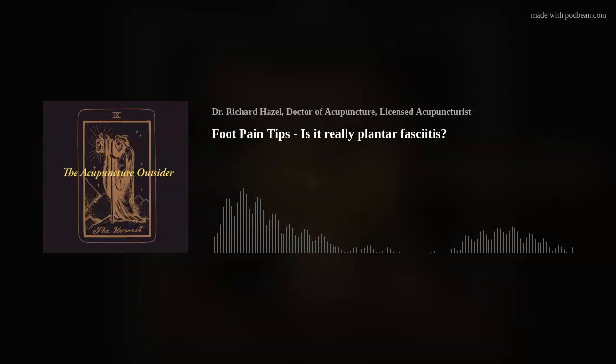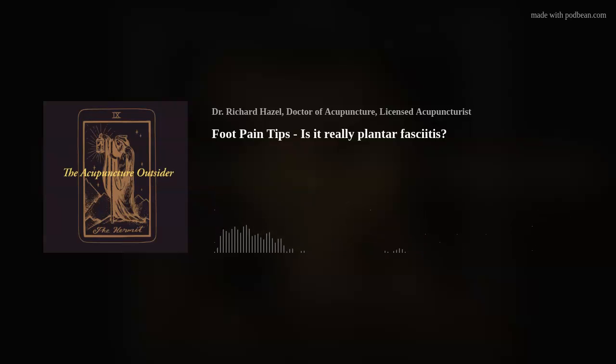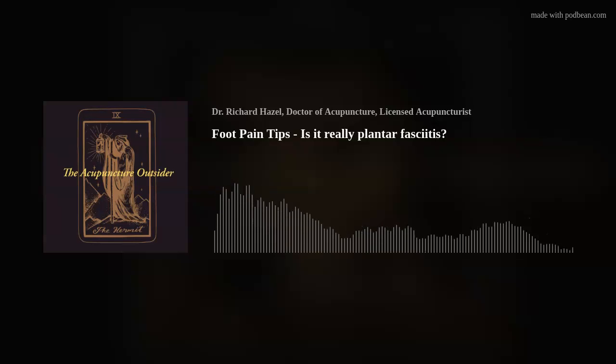But it also could be a weakness from something like the tibialis anterior, which also inverts the foot, and it could be fighting the peroneals, which evert the foot. So you really want to check both sides of the ankle when you're dealing with foot pain.